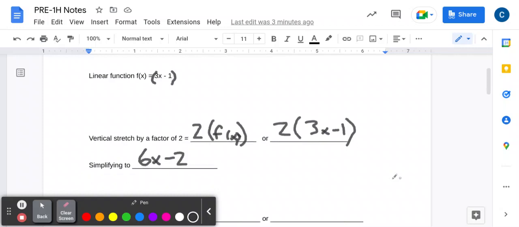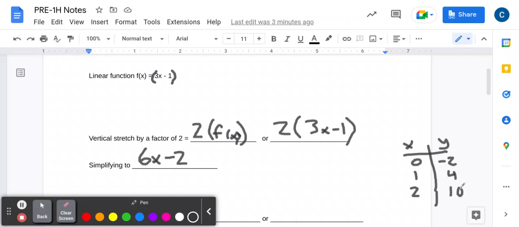So now with the 6x minus 2, if we look at our points, just take a couple. 6 times 0 is 0, minus 2 is negative 2. 6 times 1 is 6, minus 2 is 4. 6 times 2 is 12, minus 2 is 10. So now we see we have different points than what we had originally.